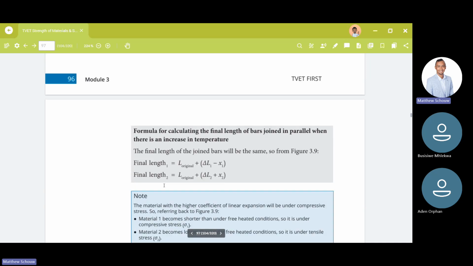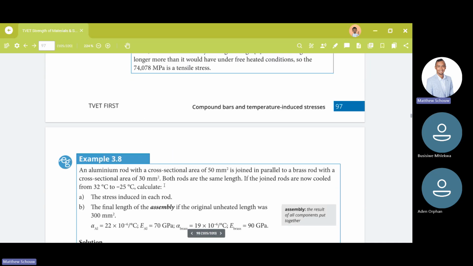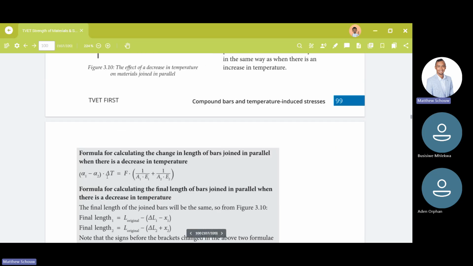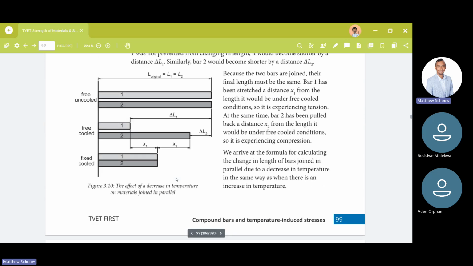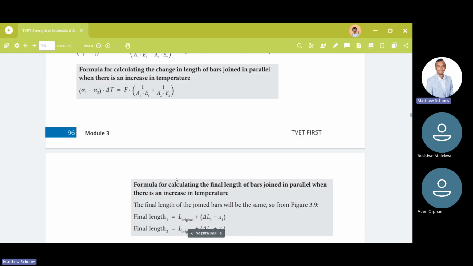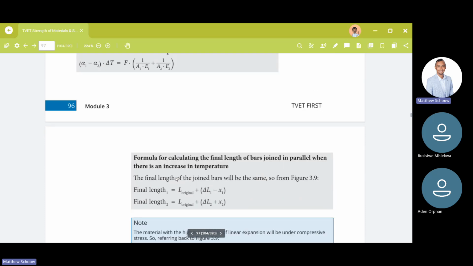I do want to make you aware, if you go to this part as well, a decrease looks a bit differently. So just be aware of that in parallel. However, most questions are always talking about when things are increased. So I'm just making you aware that there is a difference between the two. And then if you want the final length of the bar, depending on which material you use, again, it's nearly the same as the other one.